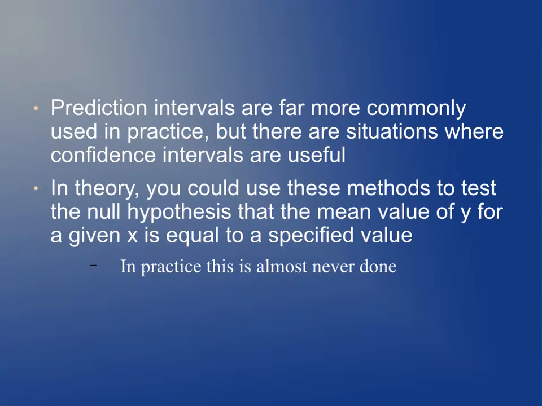In the cars example, a confidence interval would give you a 95% confidence interval for the mean stopping distance of all the cars that have a speed of 25 miles per hour, whereas the prediction interval would give you a 95% interval for the stopping distance of an individual car. And in theory, you could use these methods to test the null hypothesis that the mean value of y for a given x is equal to a specified value. Almost nobody does this in practice, so don't worry about it too much.